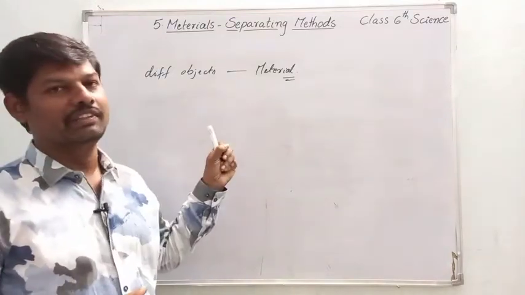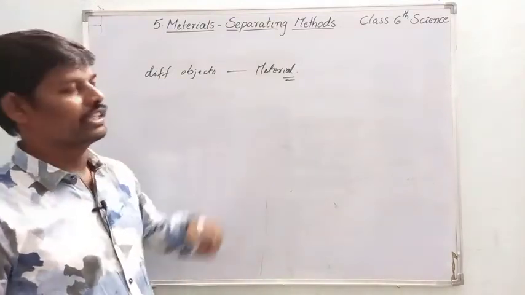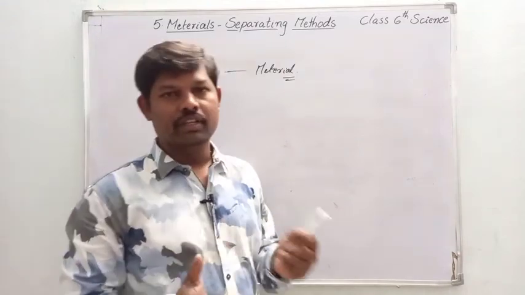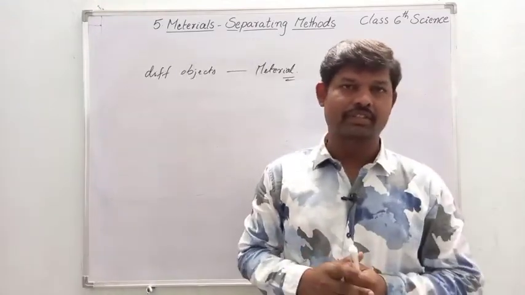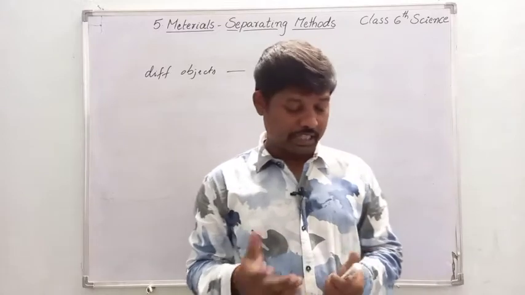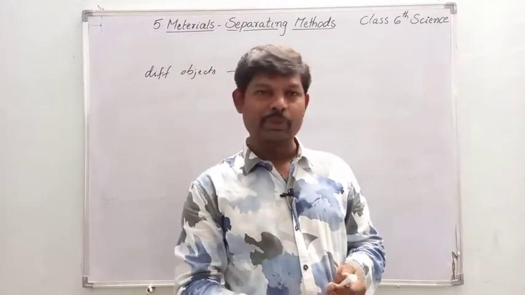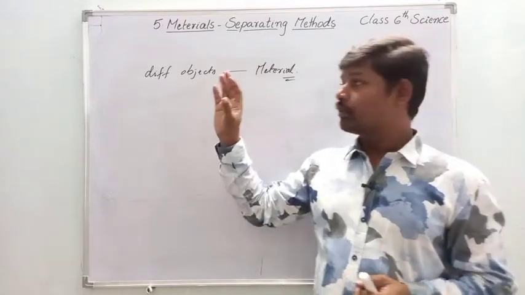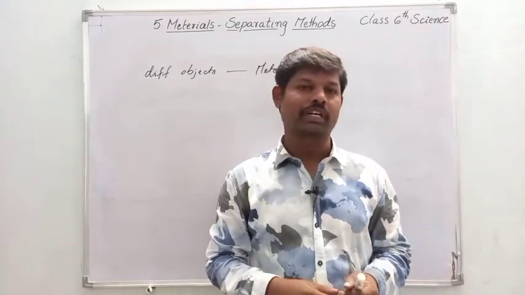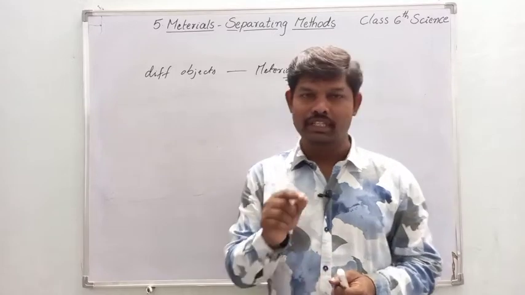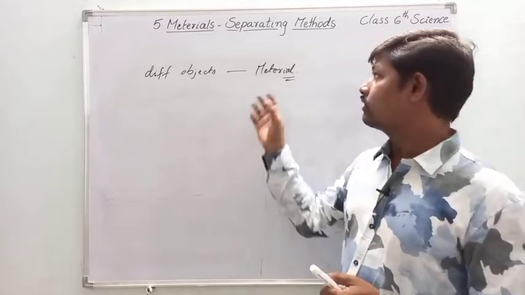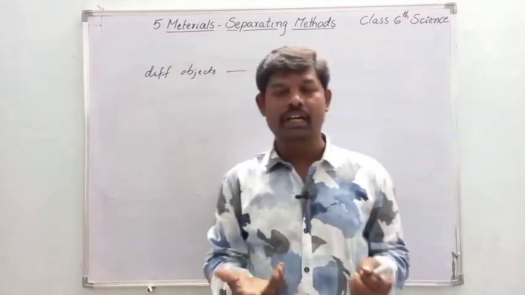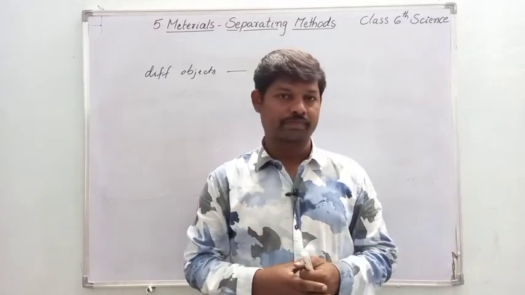Glass is a material, stainless steel is a material. So there is a difference in the materials used for preparing those objects. Which material is used for making an object decides which objects will break and which don't.